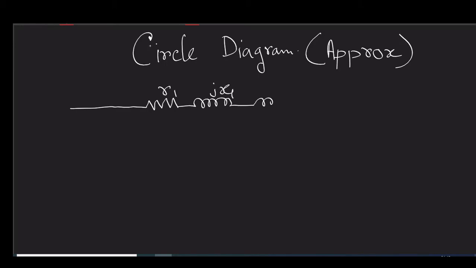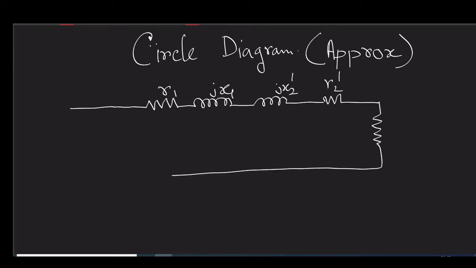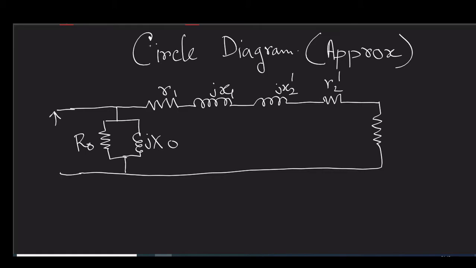What is the approximate equivalent circuit? This is our approximate equivalent circuit. Here we are giving V1.